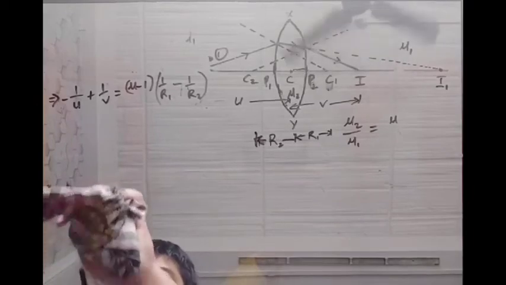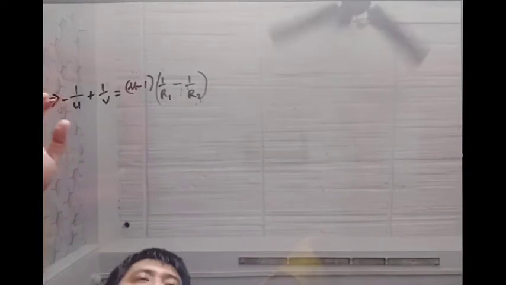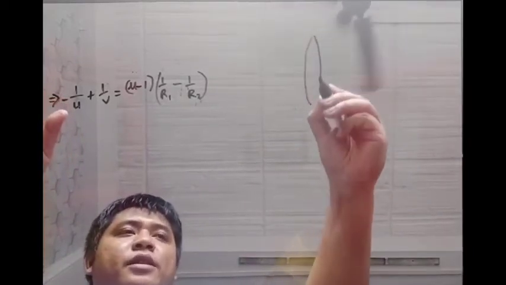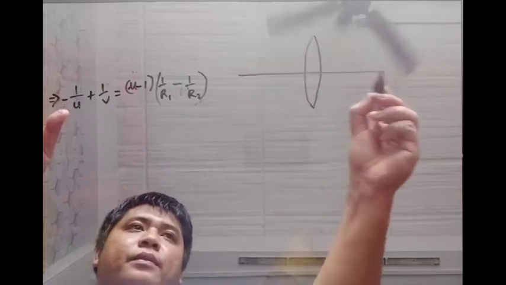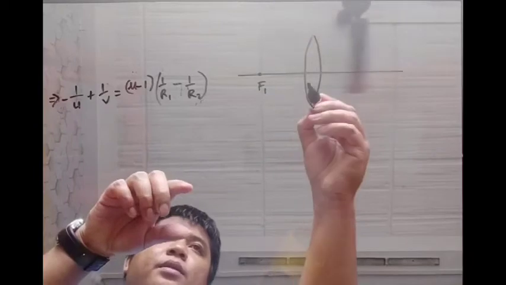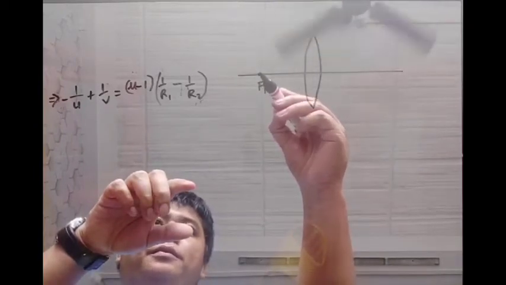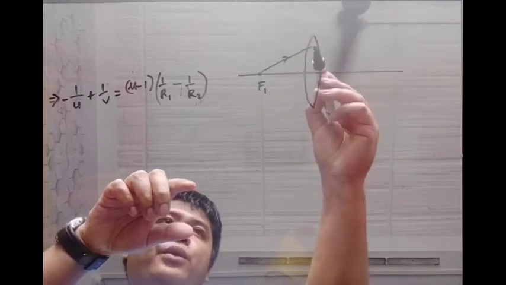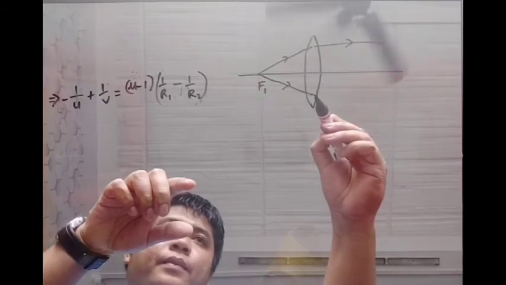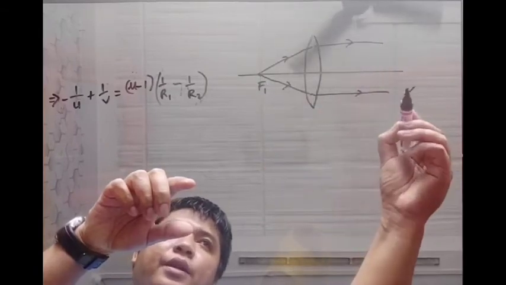But this is not the final equation. Now let us define the principal focus. First principal focus. Let this be the lens. The first principal focus is f1. If we put the point object at f1, the image will be formed at infinity. Object placed at f1, image at infinity.